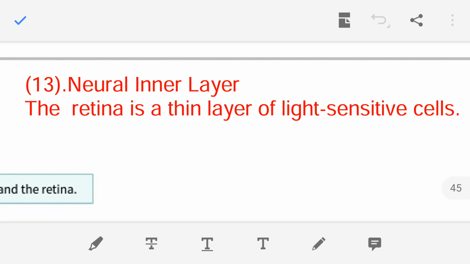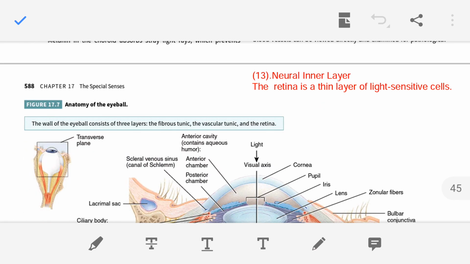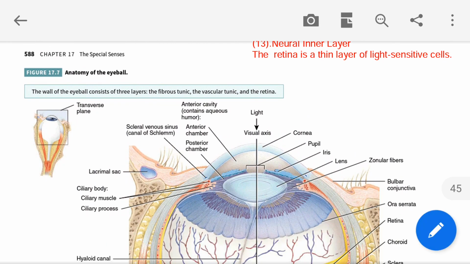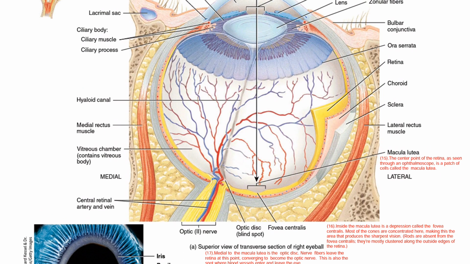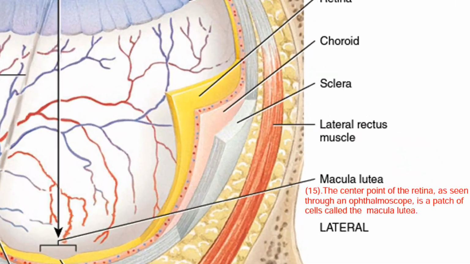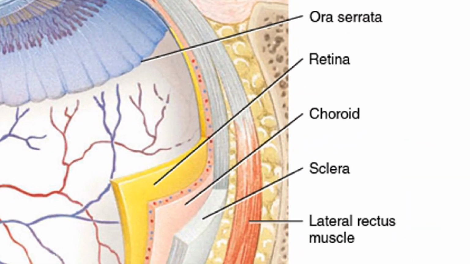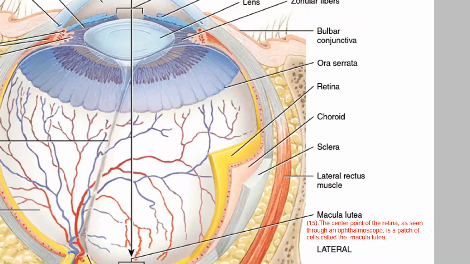So in the structure of the retina, light sensitive cells are present. Here in the figure, the anatomy of the eyeball is shown, and the wall of the eyeball. With the yellow color, as you can see, they are showing the retina.